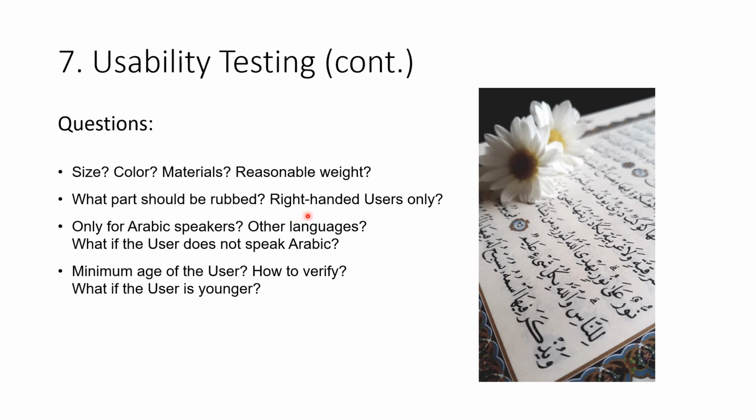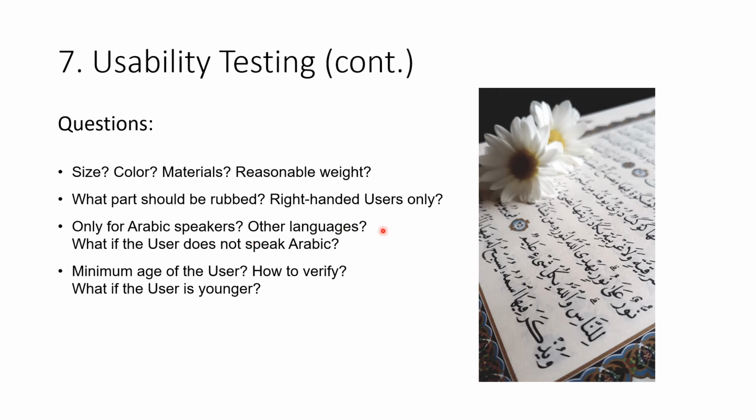That is actually an interesting question, because as far as I know, in Arabic culture, using your left hand is kind of discouraged, so I'm interested about left-handed users here. Is it only for Arabic speakers, or does it support users who speak other languages?